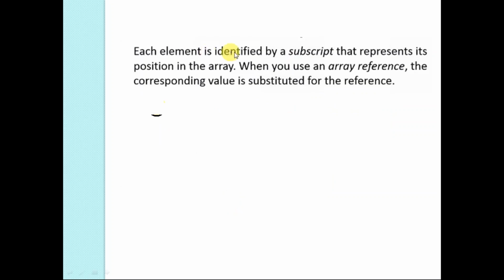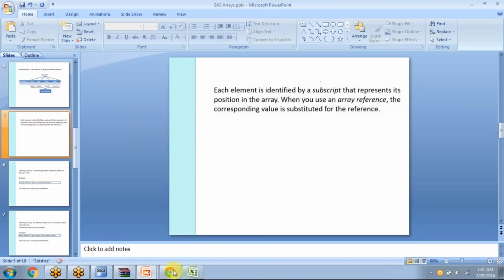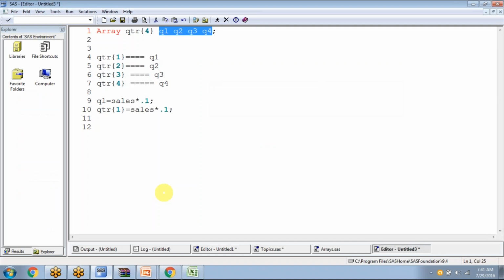Each element is identified by a subscript that represents its position in the array. When you use an array reference, the corresponding value is substituted for the reference. What they are trying to say here is what I have just explained. Each element is identified by a subscript. Here in the subscript you have mentioned 4.